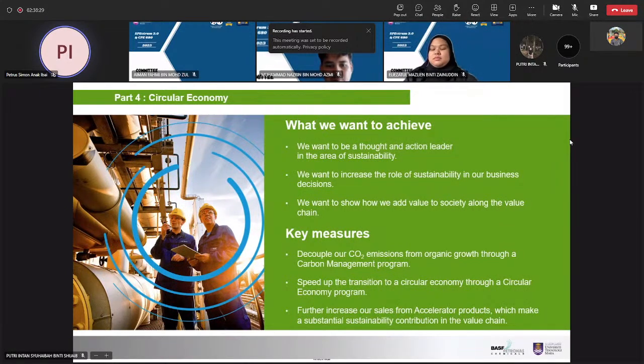One of them is to speed up our transition to a circular economy through circular economy programs. And we also want to further increase our sales from accelerator products, which make substantial sustainability contributions in the value chains. All right, next.